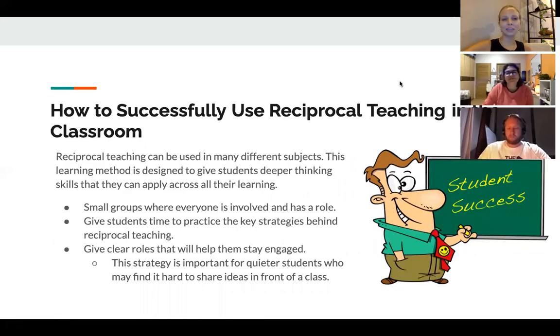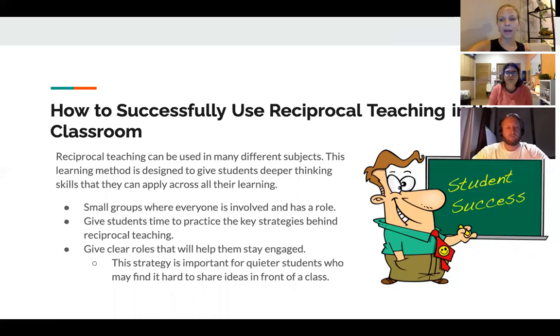How to successfully use reciprocal teaching in the classroom is to give clear roles to your students that will help them stay engaged. This is a major strategy because you want to make sure that you're thinking about the students when you are giving and assigning roles.